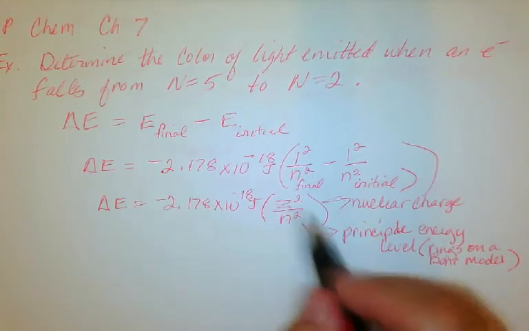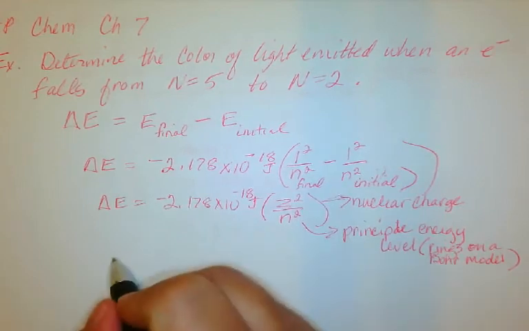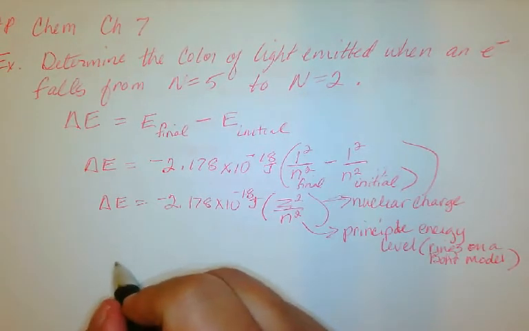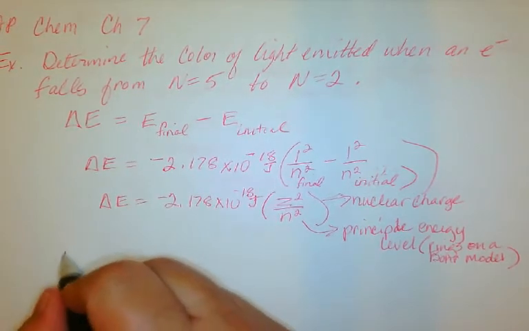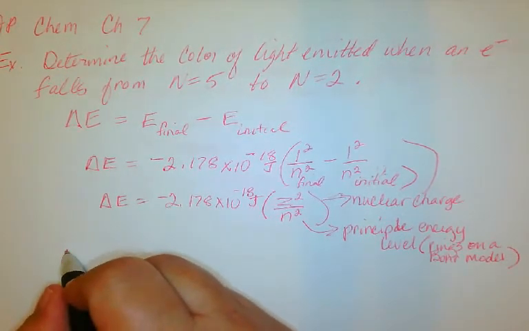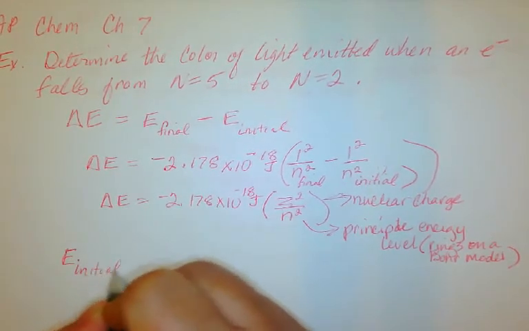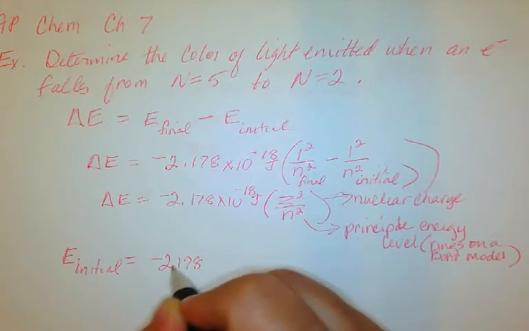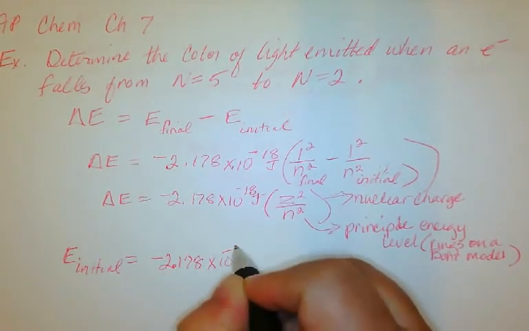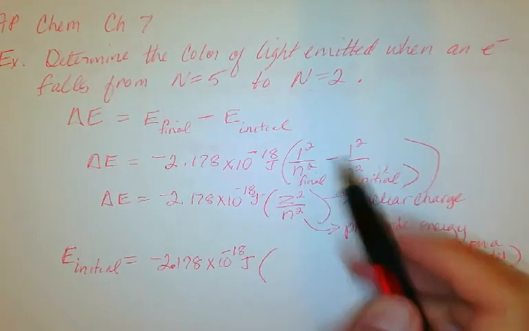And I'm going to break it down and do 2 separate calculations instead of leaving this all together. I like to go ahead and show them separately, but of course you can combine it. So E for the initial is equal to negative 2.178 times 10 to the negative 18th joules times an initial state.